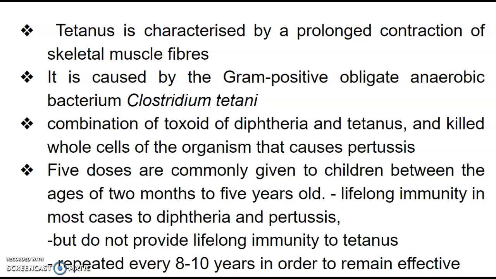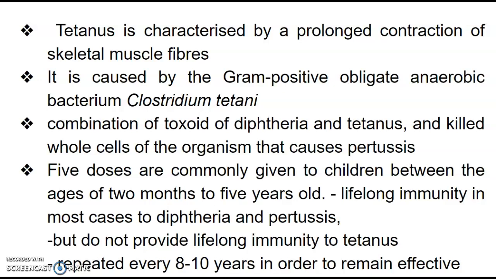So in the DPT vaccine, I'll just summarize: for diphtheria and tetanus, the vaccine preparation is a modified toxin, so we call it a toxoid. But the P, pertussis, is not a toxin modified to be given as an antigen, but the whole organism in a killed state.